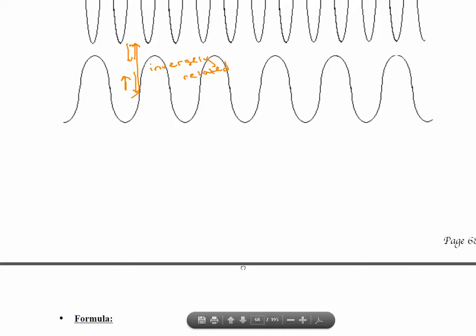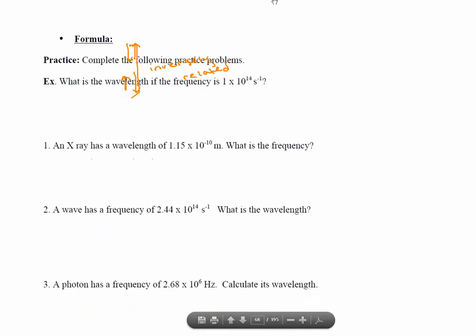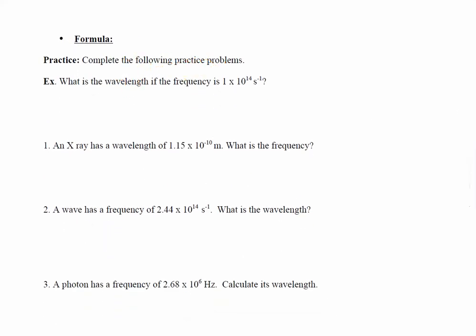Now, as we'd said before, all types of electromagnetic radiation move at the same speed, and they move at the speed of light. So the formula for relating frequency and wavelength is c equals lambda, remember that's wavelength, times frequency.